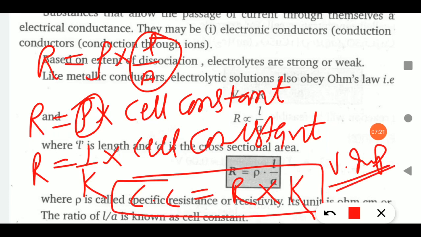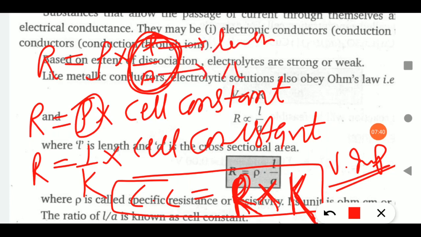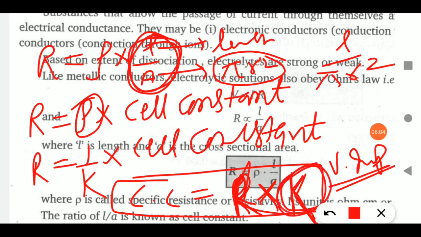How will you calculate the cell constant? You have two methods: either l upon A, or R into kappa, where R is resistance and kappa is conductivity. Now, one more thing. That was length, and what is A? Pi r square. And pi r square is the area of what? You will tell me in the comment box, okay? So cell constant is length upon A, that is, length upon pi r square, or you can say cell constant is equal to resistance into kappa, that is, resistance into conductivity.